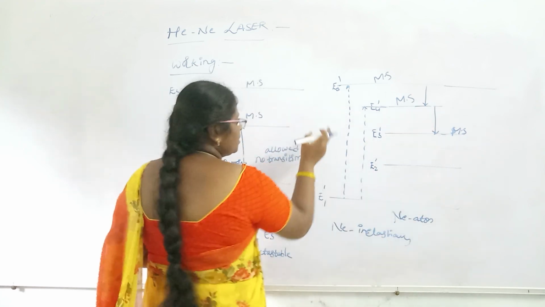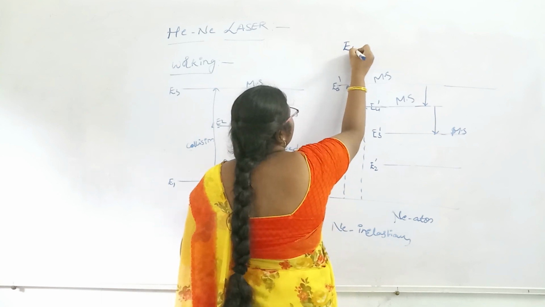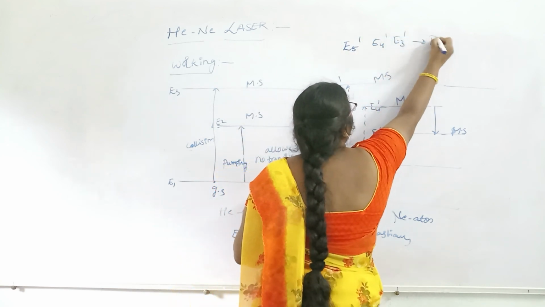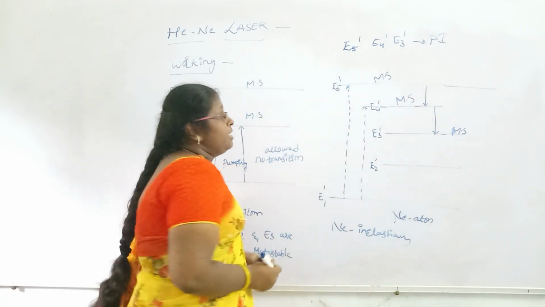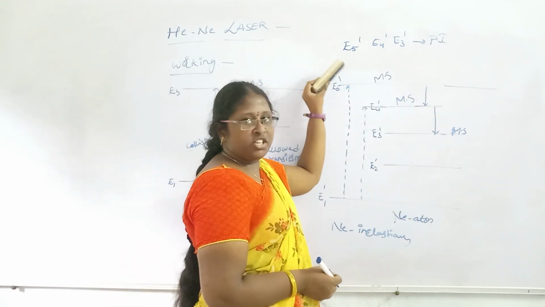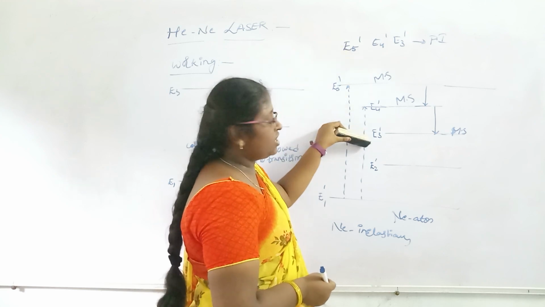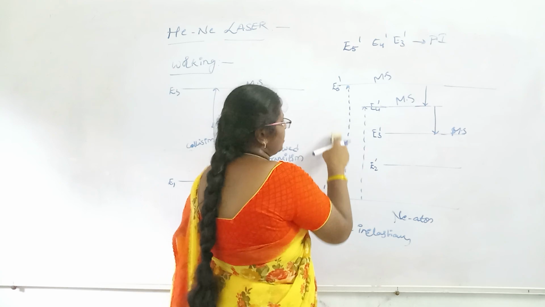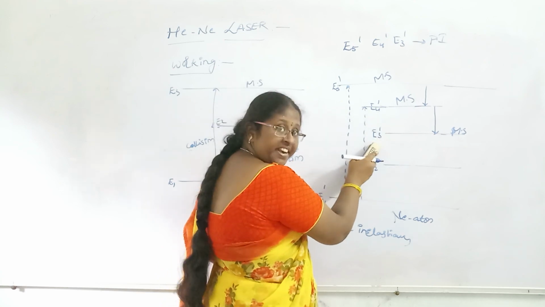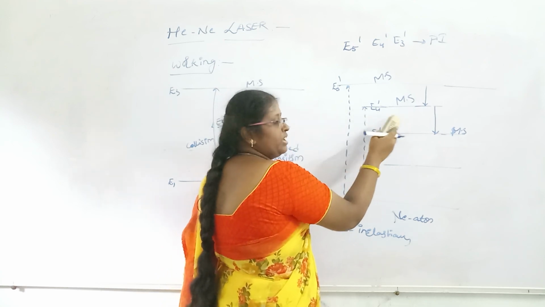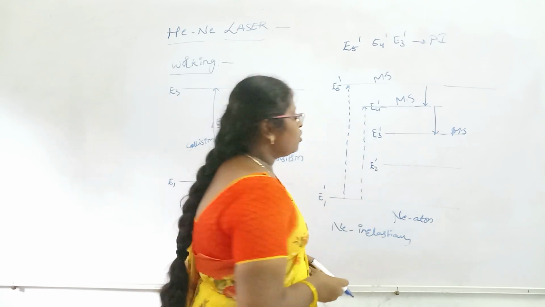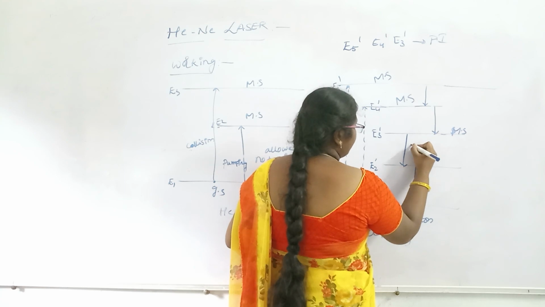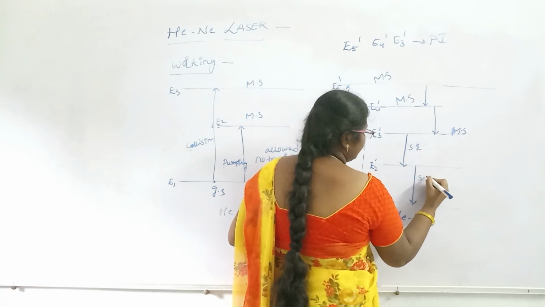In E5 dash, E4 dash and E3 dash, population inversion occurs. When population inversion occurs, the laser beam is achieved. So in these three states, E5 dash, E4 dash, E3 dash, the population inversion occurs, and then after collisions the remaining particles will be emitted due to spontaneous emission or stimulated emission.